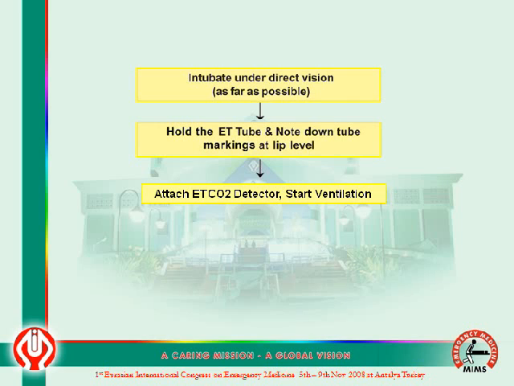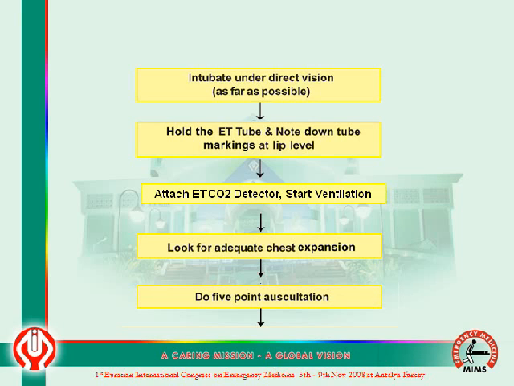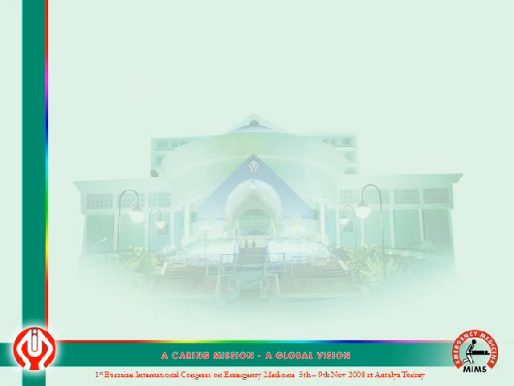Then attach the ETCO2 detector and start ventilation, and look at the chest for an adequate chest rise. Then do a 5-point auscultation, starting from the epigastrium, then right axilla, right anterior chest, and left anterior chest.